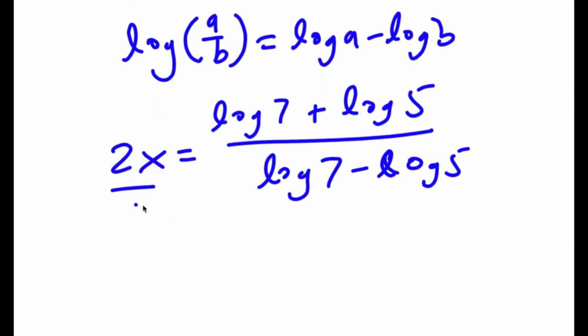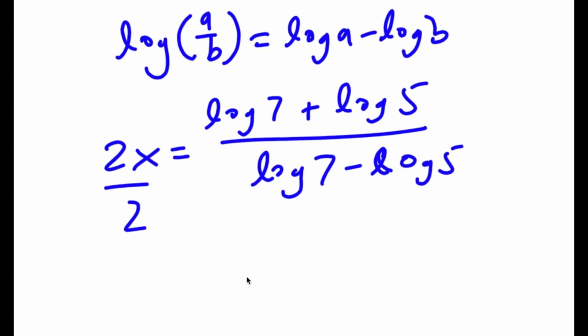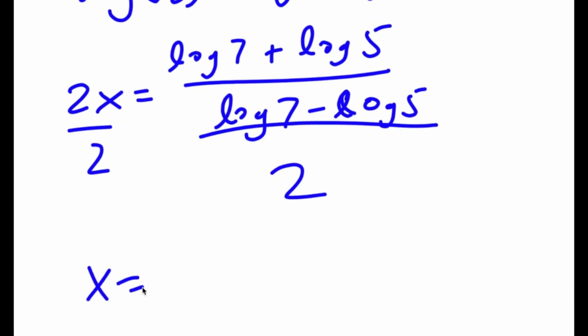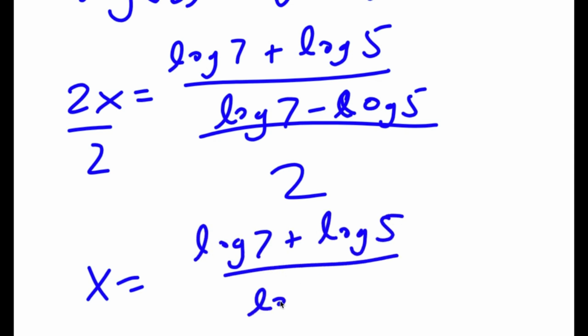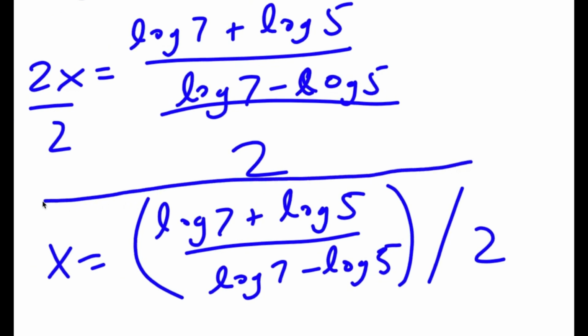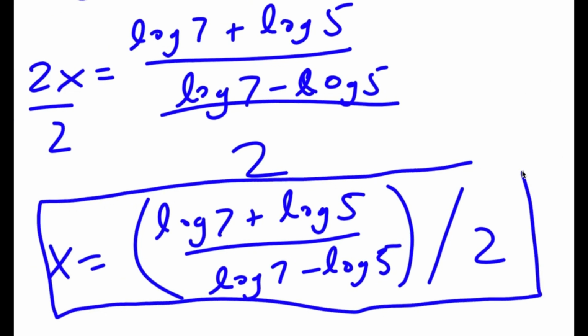So now I'm going to divide both sides by 2, so this would all be over 2. So now I finally get x is equal to log 7 plus log 5 over log 7 minus log 5, over 2. So that is my answer.